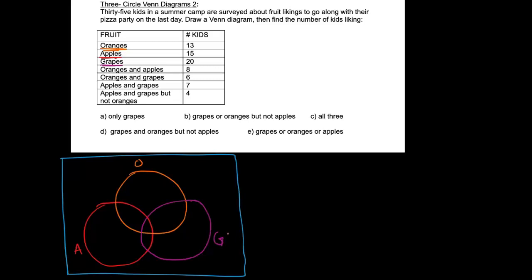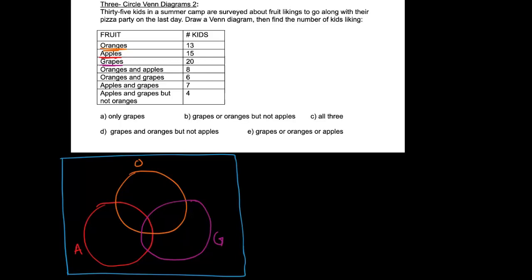And so let's go ahead and look through this list and see if there are any numbers that I can just put right in the diagram. And we've learned from the last problem that these bigger categories like all oranges, there are 13 kids that liked oranges, can't go in the Venn diagram just yet because that's the total of all of the sections in the orange circle. So I'm going to go down the list and see if I can put any of these in.